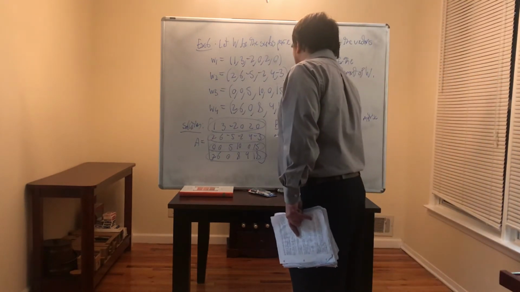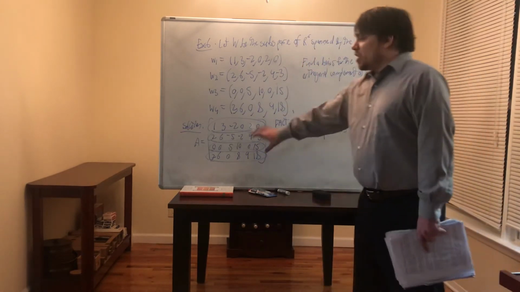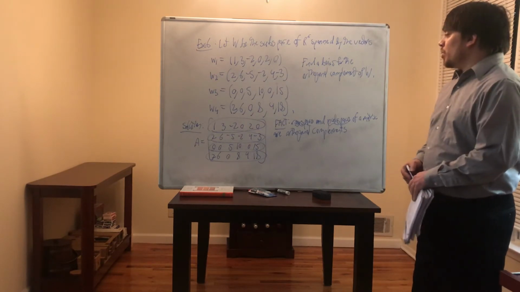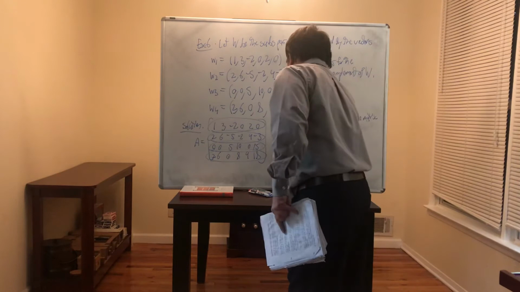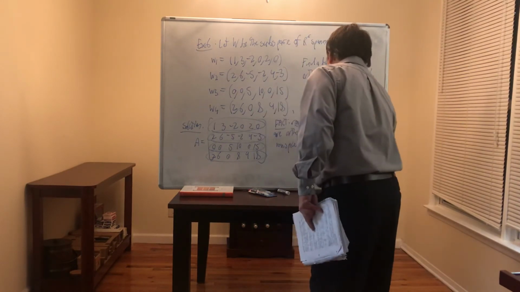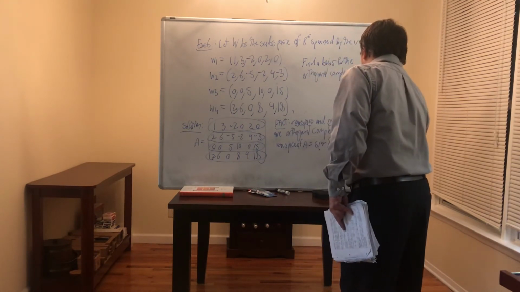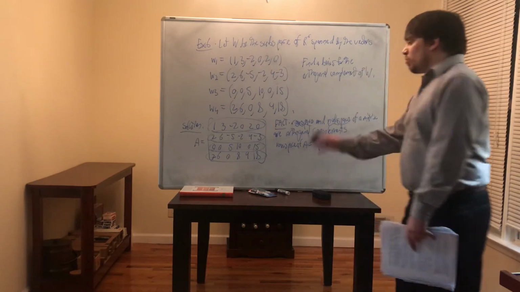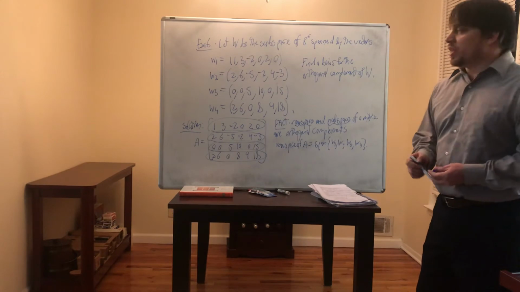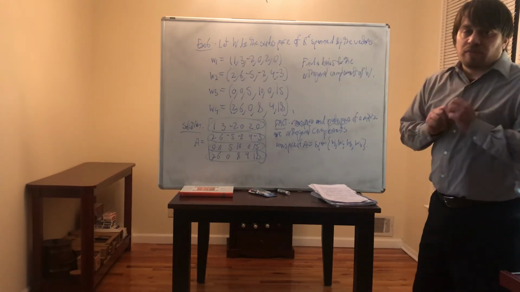And so the row space is just the span of the rows of this matrix. The row space is the span of the rows of A, but the rows of A are W1, W2, W3, and W4, because I made the rows of this matrix those four vectors. The row space of that matrix is the span of those six tuples.